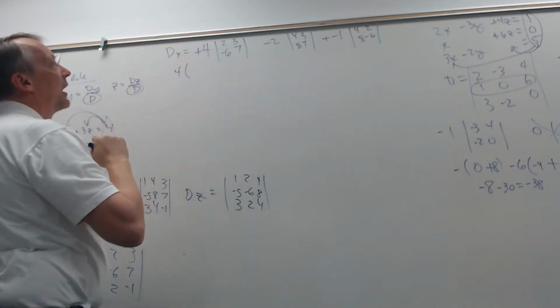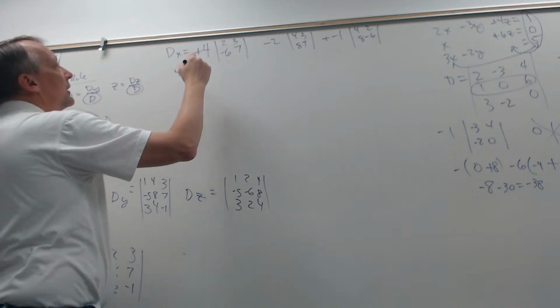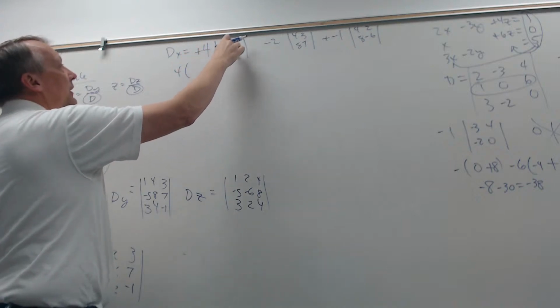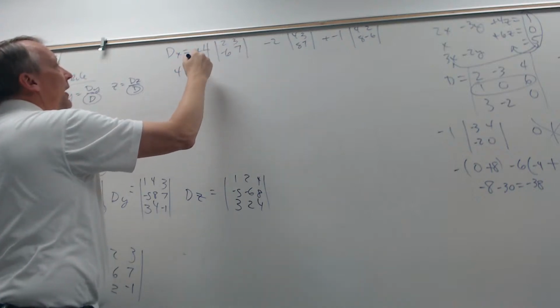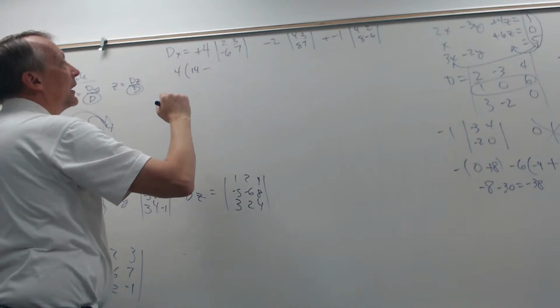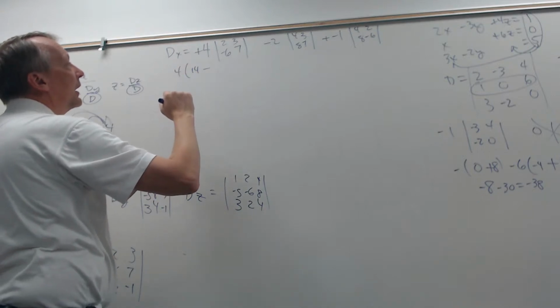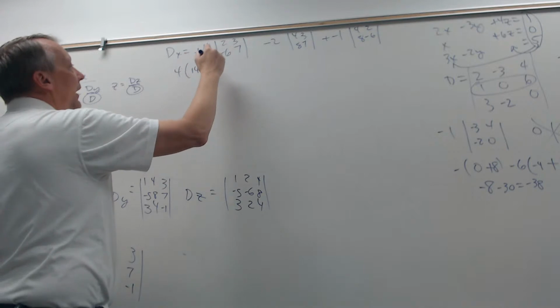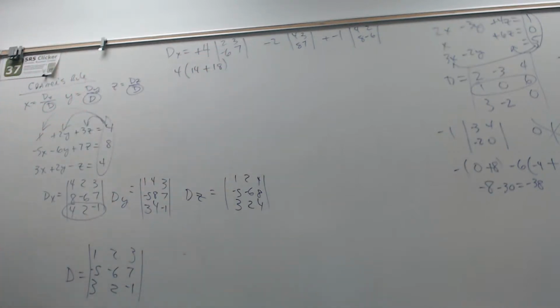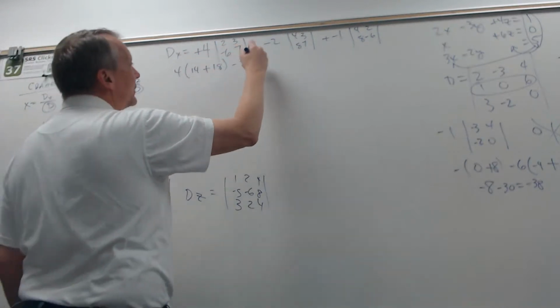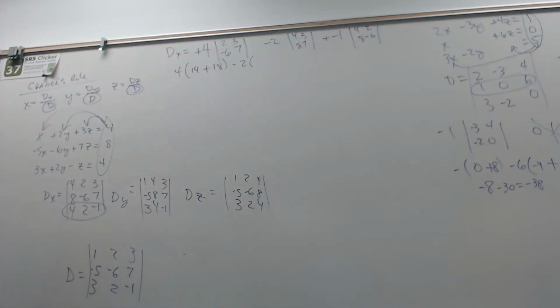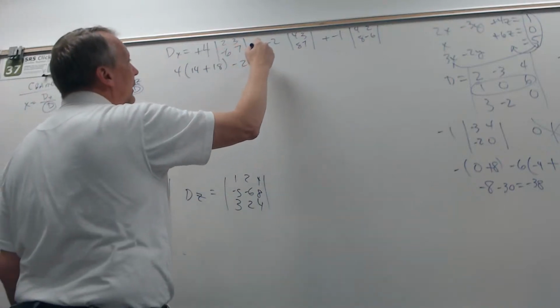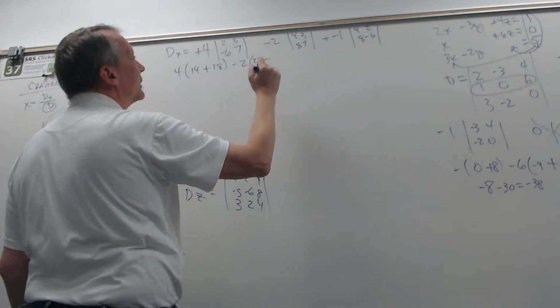4 times, 2 times 7, that's 14. 14 minus -18. Okay? Minus 2 times 28, minus 24.